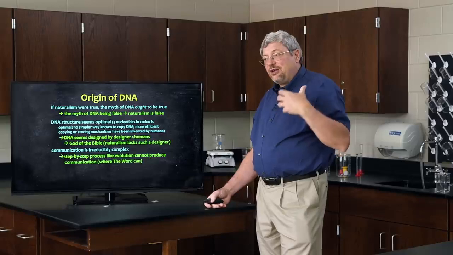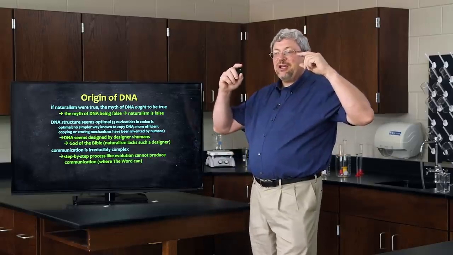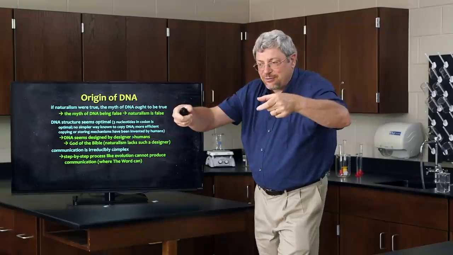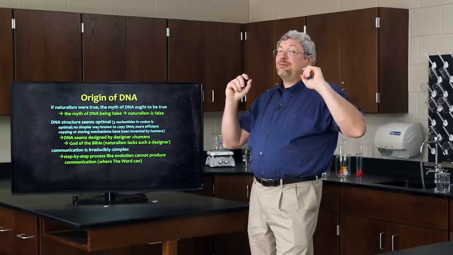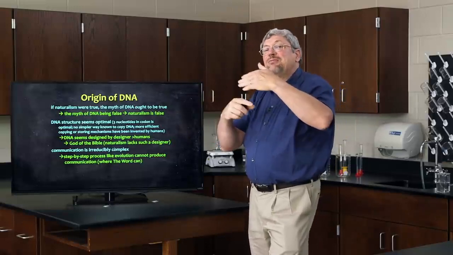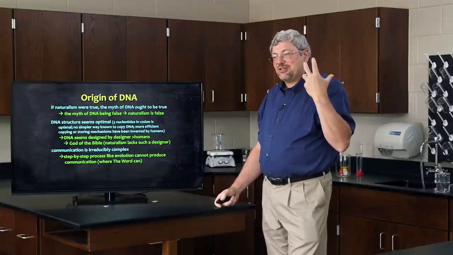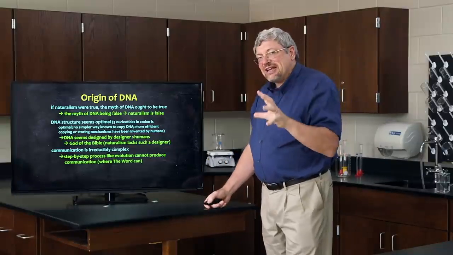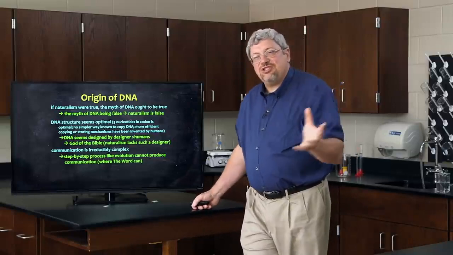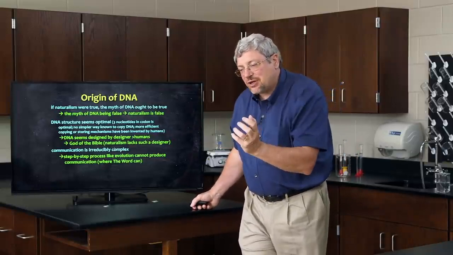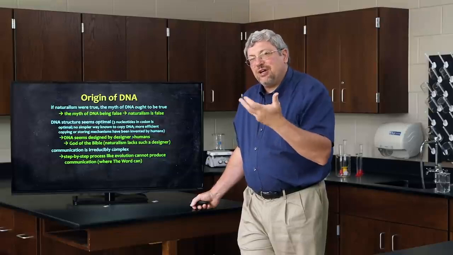You can't have language unless you have a conveyor of information, a receiver of information, and some mechanism to convey information, and a whole bunch of other things that are necessary in that process. If you break down the DNA structure to its simplest structure, it's still got a bunch of pieces.